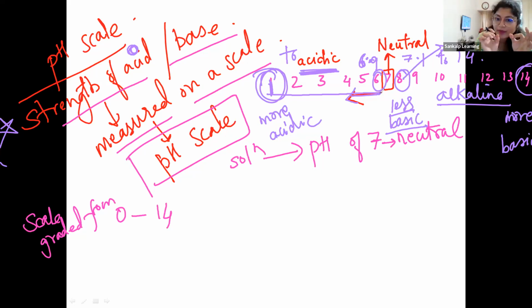What you need to remember: 7 is for neutral substances, which are neither acidic nor basic, 1 to 6 is for acids, and from 8 to 14 they are for bases. Remember this much, don't stress more.